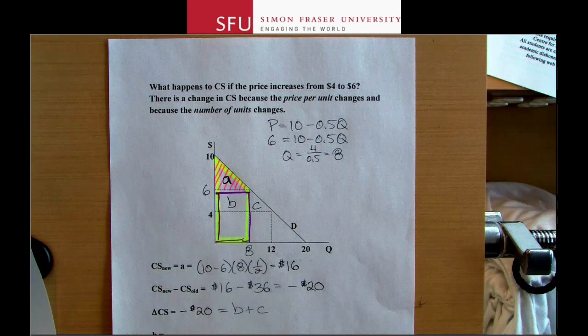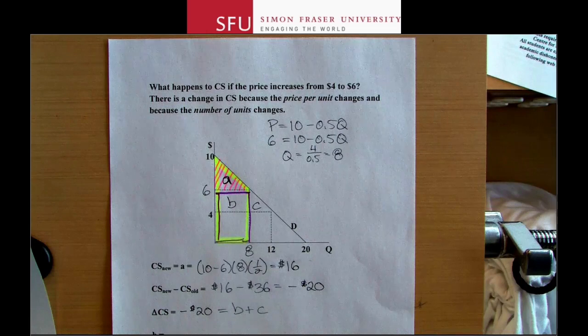For these 4 people here, their willingness to pay is lower. It was high enough that they were willing to pay the price of $4, but it's too low to pay the new price of 6. So these 4 people here don't buy the good anymore, and we say that they exit the market, which means you just don't buy the good anymore.